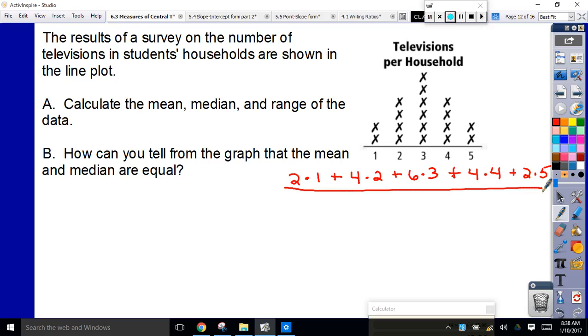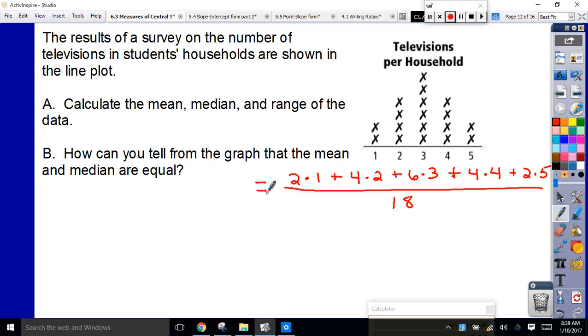And then how many data values do we have altogether? Lacey? We have 18. So if we count the X's, there are 18 X's. So there were 18 people surveyed. I'm out of room, so I'm going to write that over here. Let's see. Okay, and then I'm going to find out what that equals.